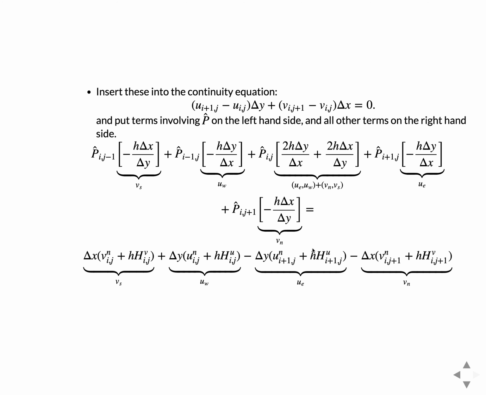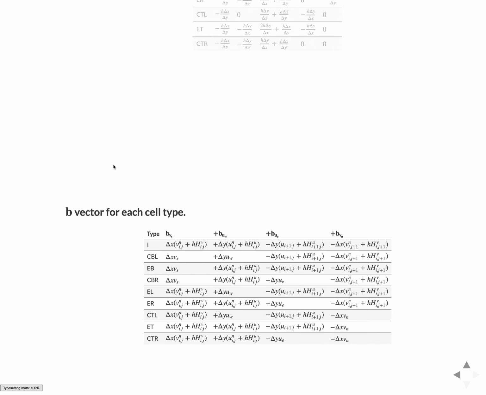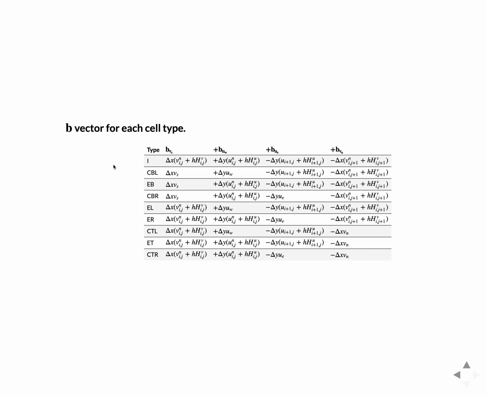Now that was for the p coefficients, the left-hand side of the equation. The right-hand side of the equation is the b part of this Ap equals b system. Similarly, this b array will have different values depending on which of these 9 cell types we are, and that's listed in the following table. Here, unlike the previous, these aren't coefficients, this is just the additive terms. For interior cells, the whole sum is the value of b for an ij cell that's interior.